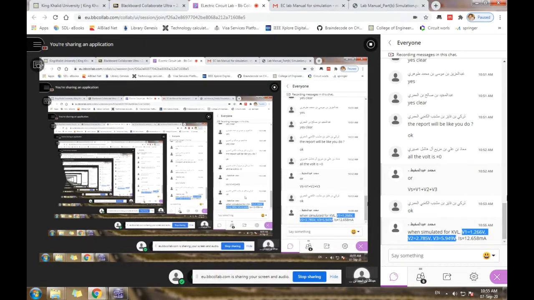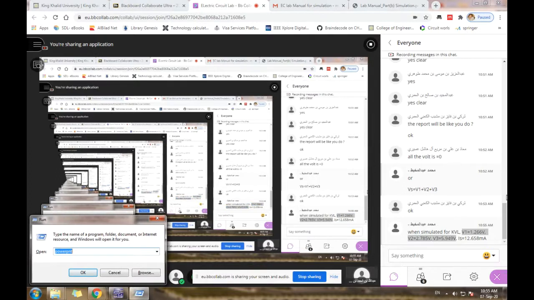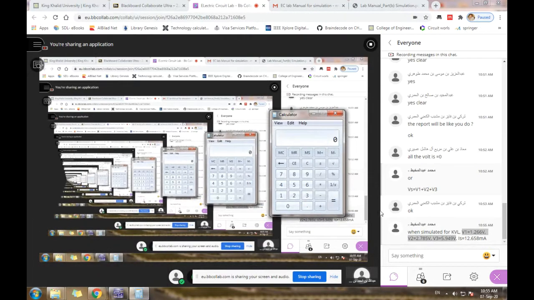Right? So now you can check if you make the addition V1 plus V2 plus V3. How much is V1 plus V2 plus V3? V1 is 1.266 plus 2.785 plus 5.949. It is equal to 10, right?